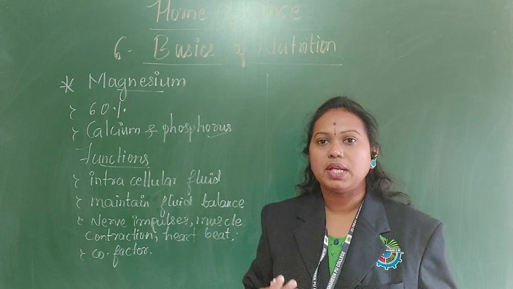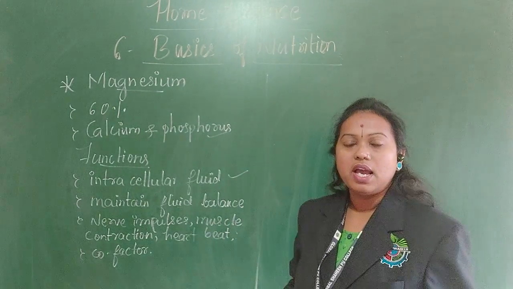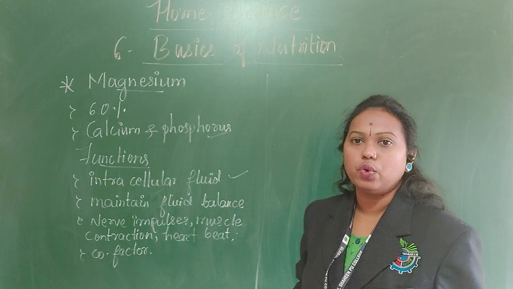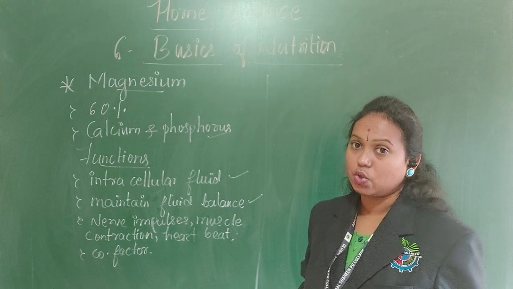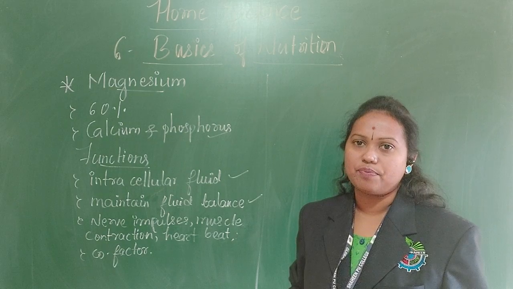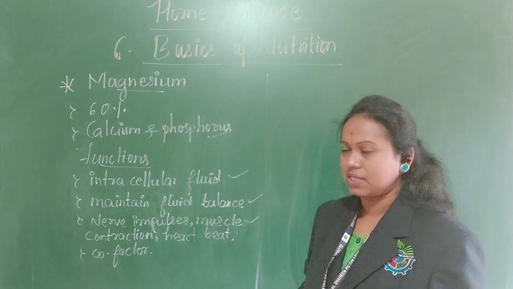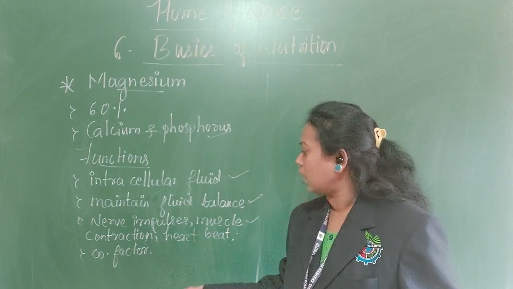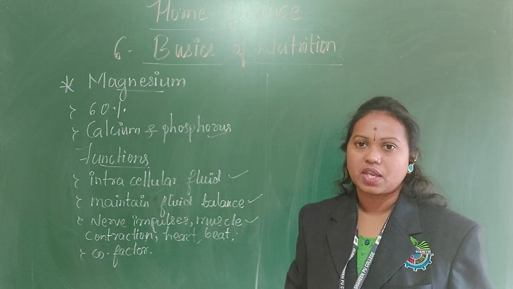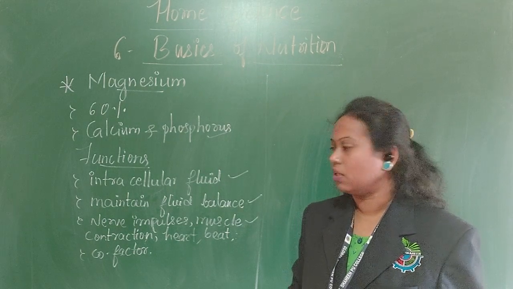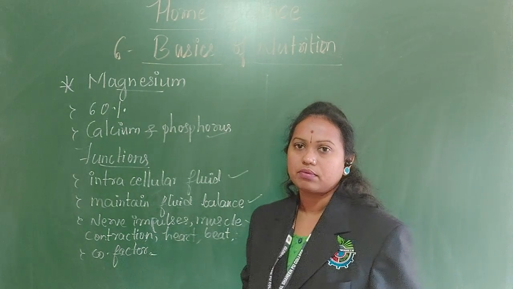This is present mainly in the intracellular fluids and helps in maintaining the fluid balance along with sodium, potassium and calcium. This helps in the transmission of nerve impulses, muscle contraction as well as the regulation of heartbeat. This also acts as a cofactor in so many metabolic reactions.